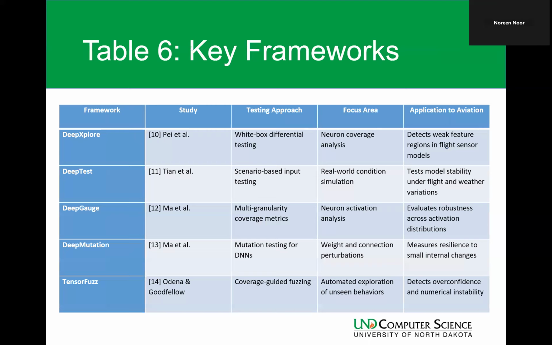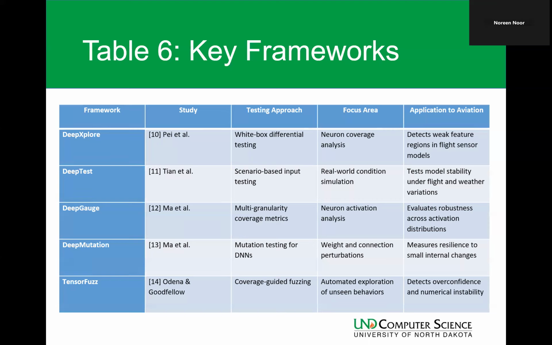Next, we have the table of key frameworks. This table gives a more detailed comparison of these frameworks. It outlines their testing approaches, what they focus on, and how they apply to aviation. For example, Deep Explorer uses white box testing to detect weak spots in flight sensor models, while Deep Test checks how the model performs under real world conditions.